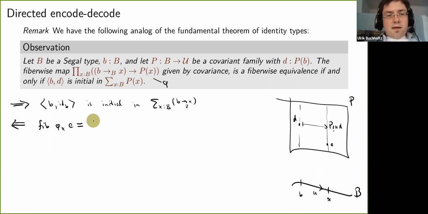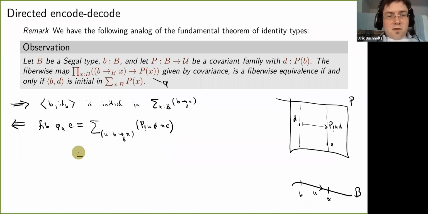Well, it is the sum of an arrow, let's call it U, from B to X, together with a path, an undirected path, from the functorial action of U on D to E.